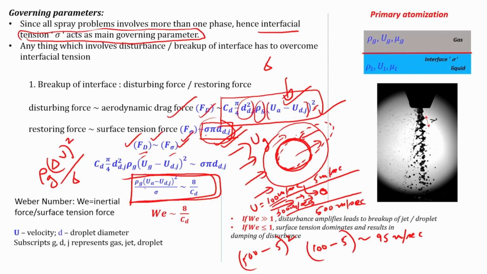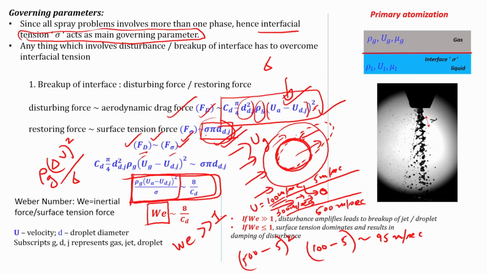So, this particular quantity has got a name, it is called the Weber number, or we write it as We, right. So, what does the Weber number actually designate? If the Weber number value is very high, say it is much greater than 1, what does that imply? That implies that your inertial forces, that means the aerodynamic forces, are much more than your surface tension forces, right.